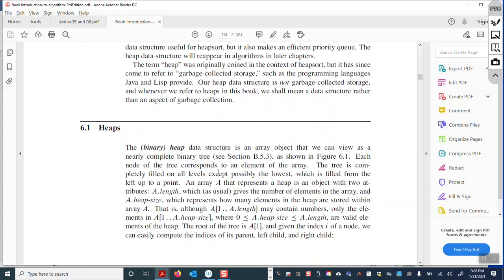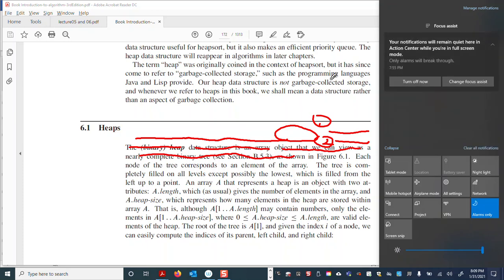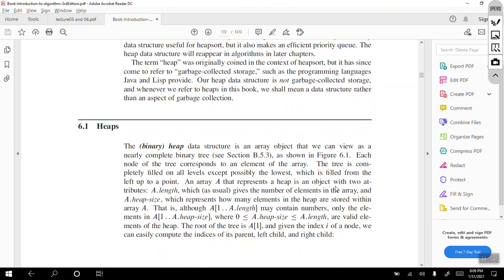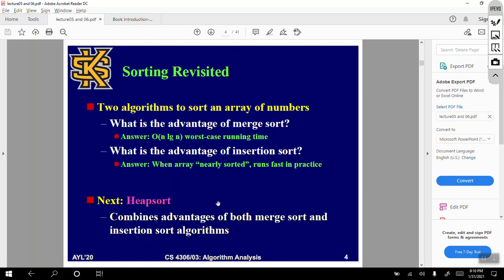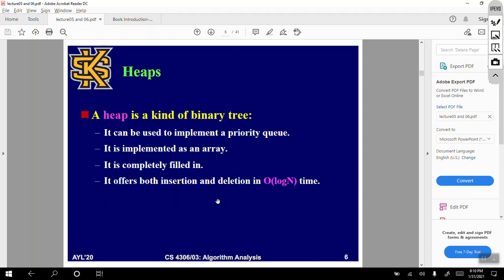So now, what is a heap? Unlike insertion sort and merge sort, heapsort is unusual, but let us now learn something new.